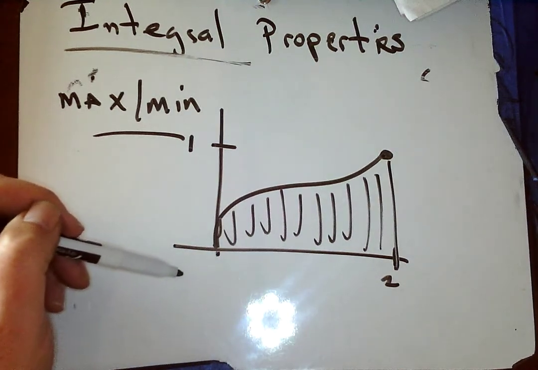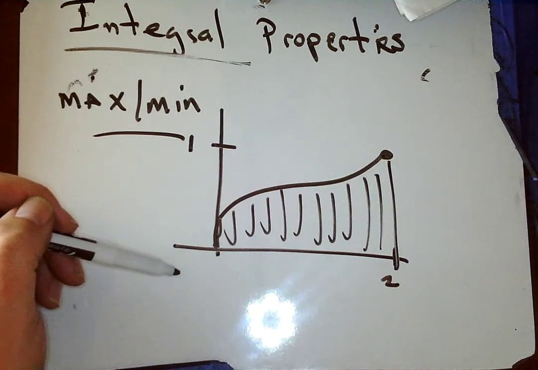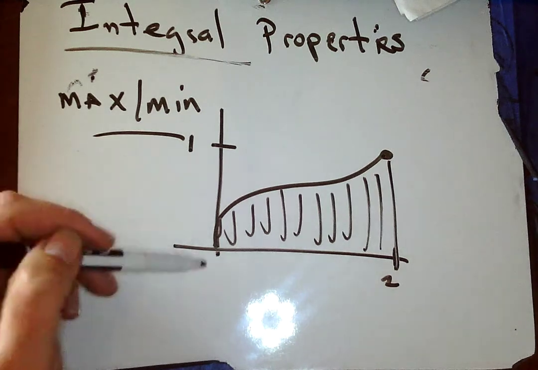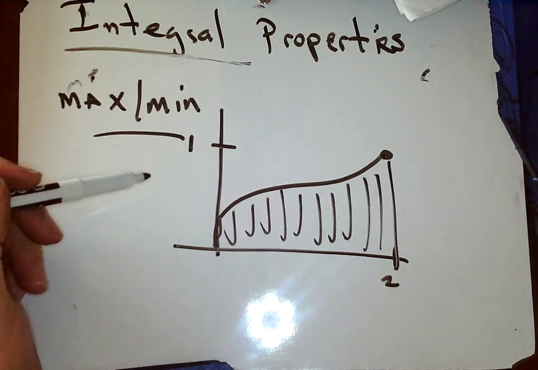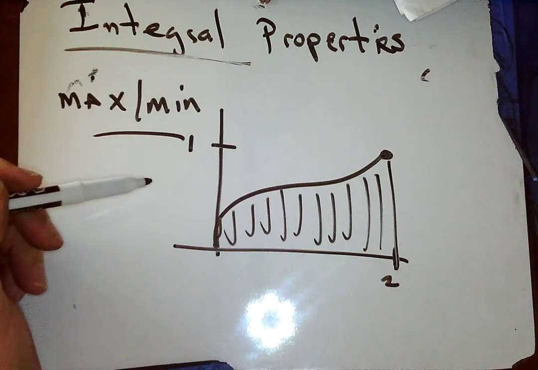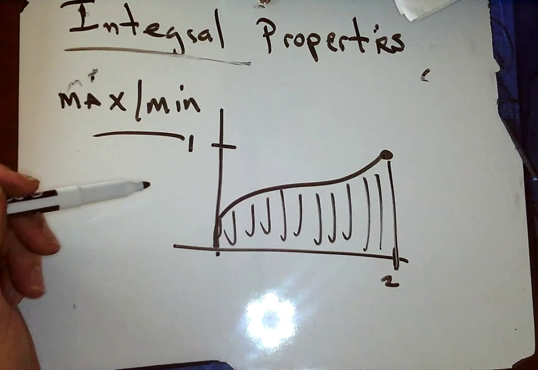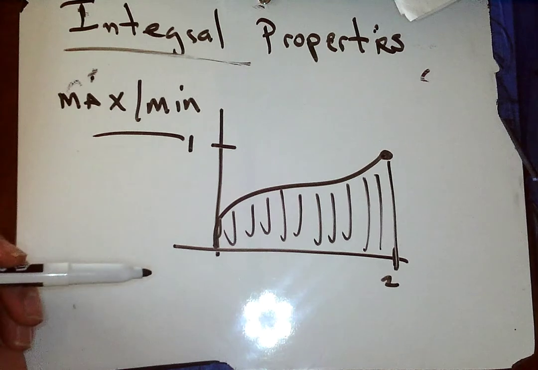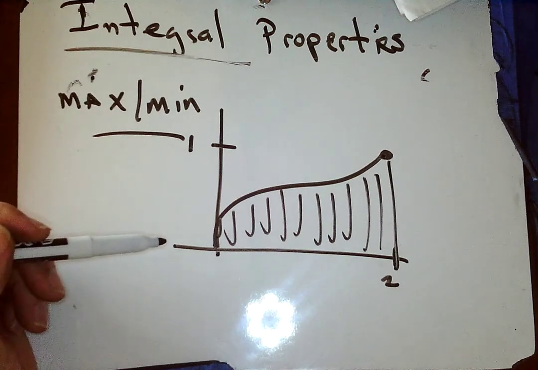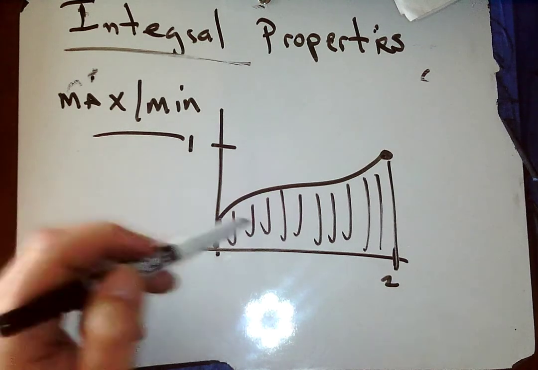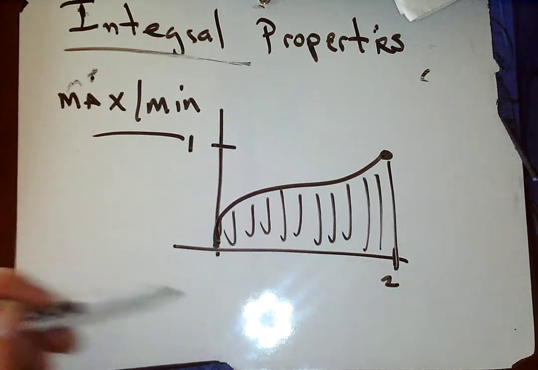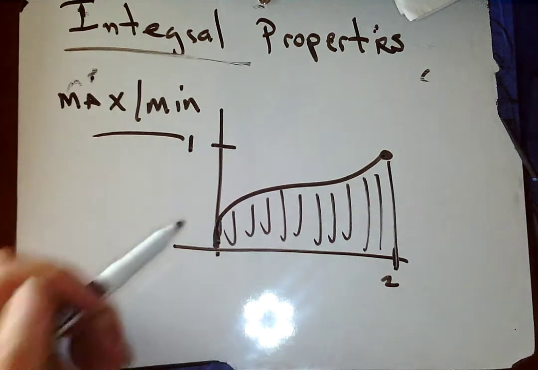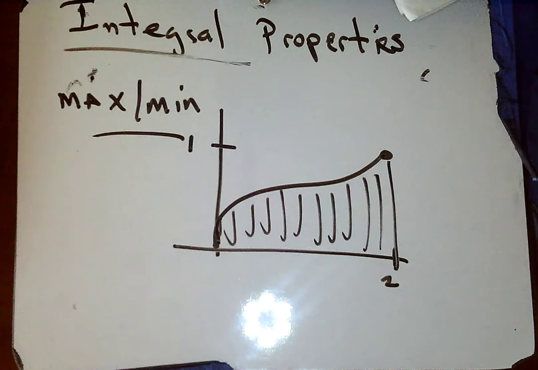Why do I need this? Well, here's the deal. You remember how we use the antiderivative to evaluate the integral? Well, there are some functions that we can't algebraically make the antiderivative for. I'm sorry to have to break that news to you, but we don't have a way to find the antiderivative of everything.